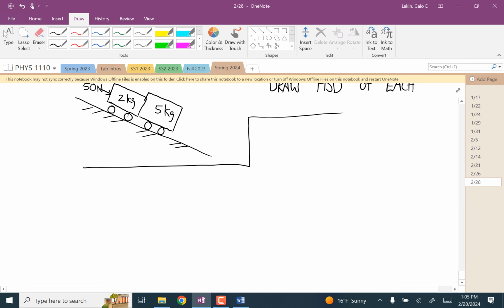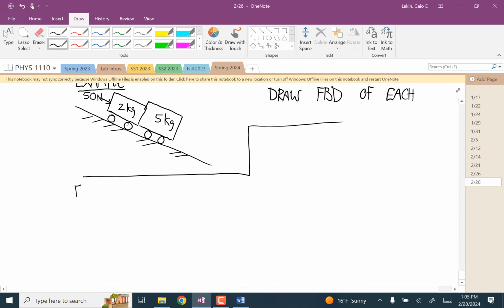Okay, so for the first one, this 2 kilogram, so there's the outline. There's a weight force down that's equal to 2 times 9.81, so that's 19.62. There's the 50 Newton force that's given.